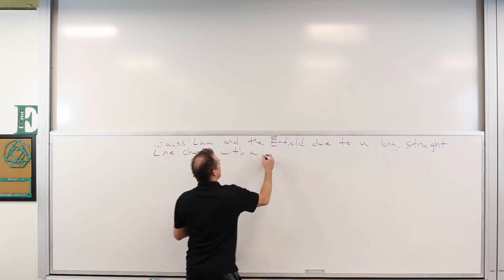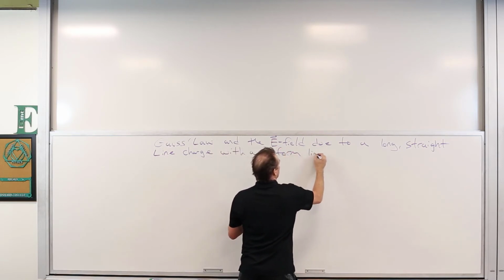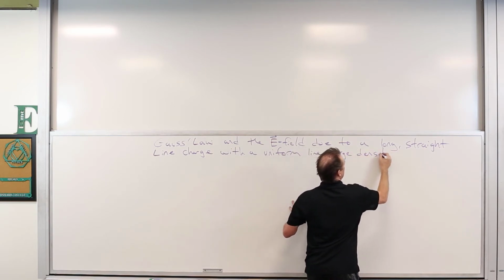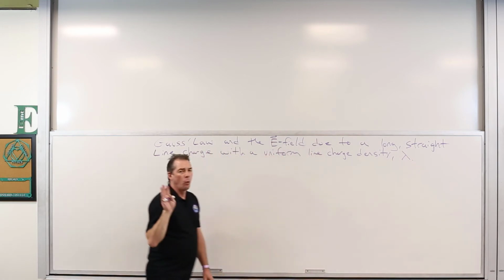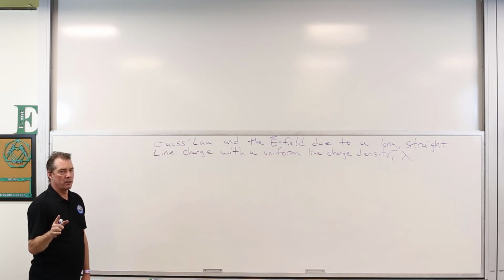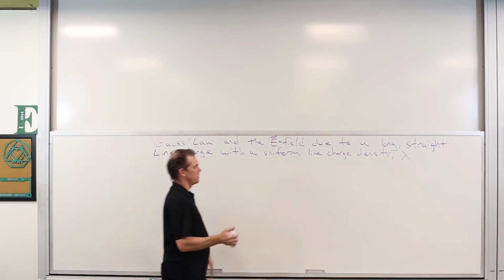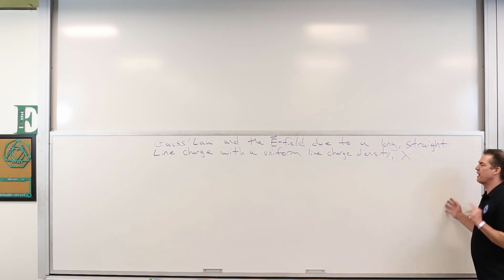With a uniform line charge density lambda. So we did this before, and we did it by integrating over the charge distribution relative to positions in space. But what we want to do with this particular case is not look at a segment.